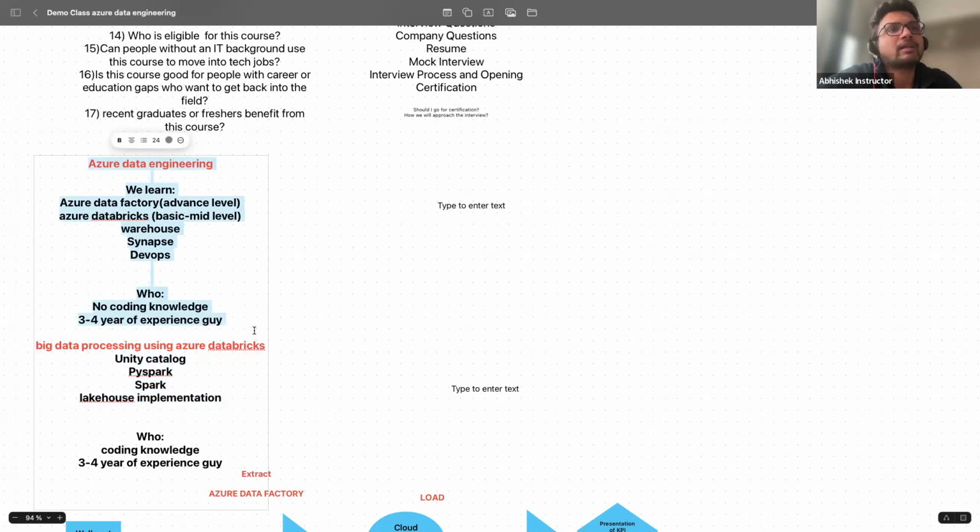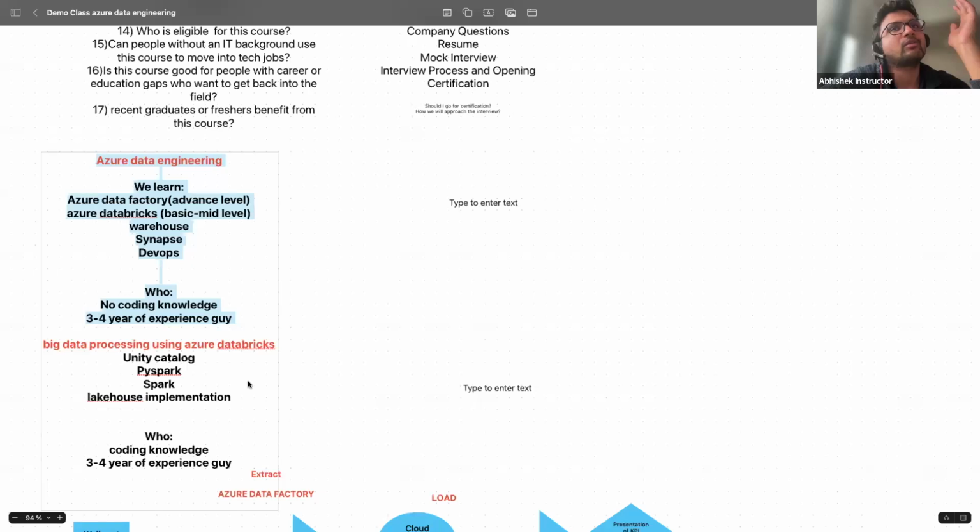Suppose, what's your profile right now? How much experience do you have? Informatica developer, but how much experience? Around 4 to 5 years, right? So how I look at it, suppose if you have 4 years of experience, and when you are switching, you also want to switch at around 4 to 5 years of experience, then you can enroll for both of the courses.